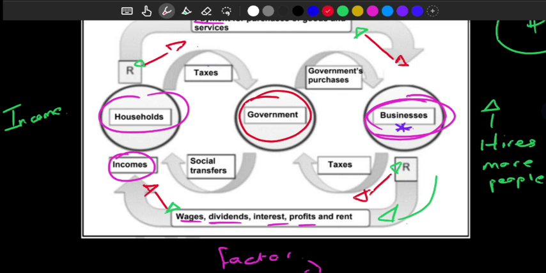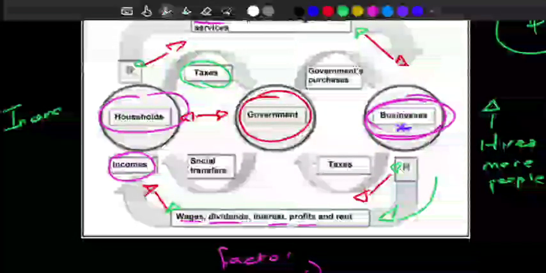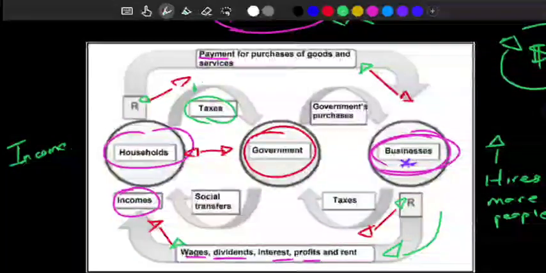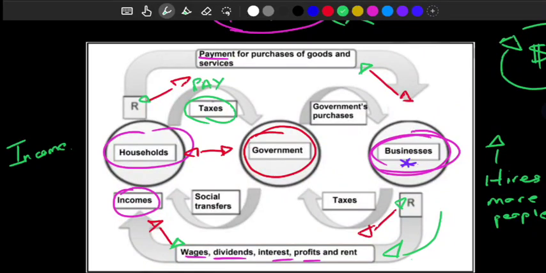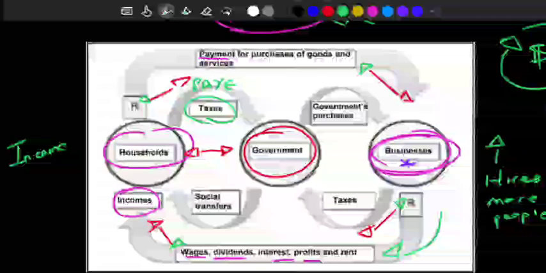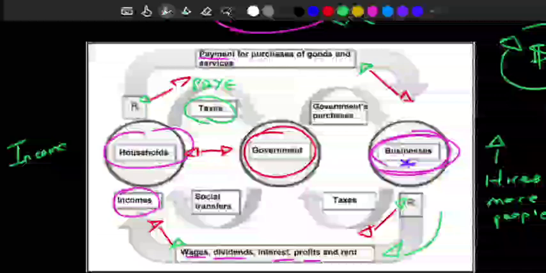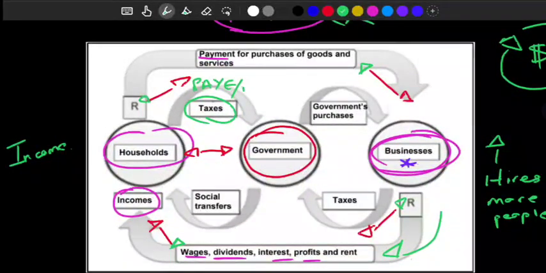So look at what the government does. Let's start with the household, our relationship with government, right? For those who are working, government will collect taxes, right? If you do accounting, you have pay as you earn. You pay taxes, right? When you buy food, you pay VAT. This all goes to the government, right?